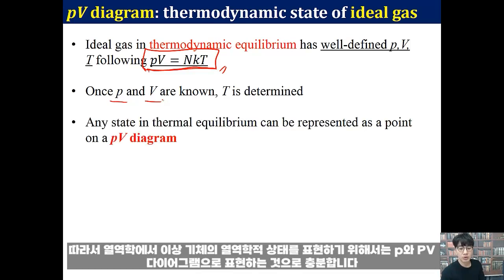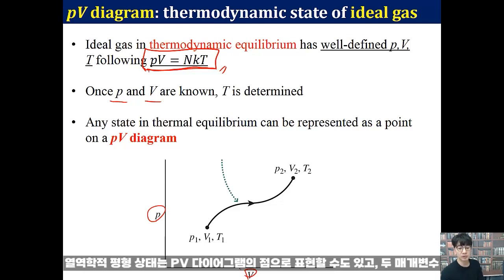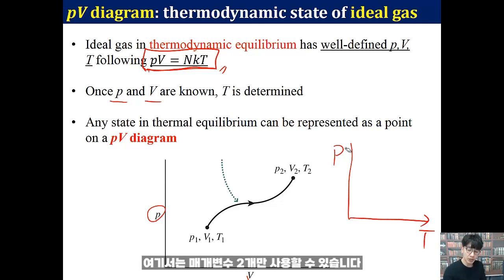So to express the thermodynamic state of an ideal gas, it's enough to use a PV diagram. Any state in thermodynamic equilibrium can be expressed as a point on a PV diagram, or you can use a PT or TV diagram, whatever two-parameter diagram.